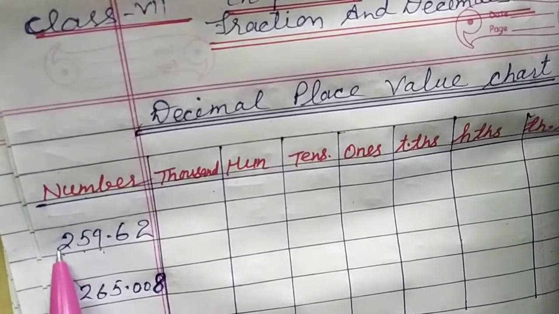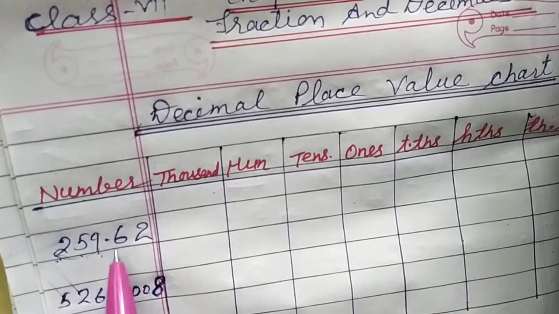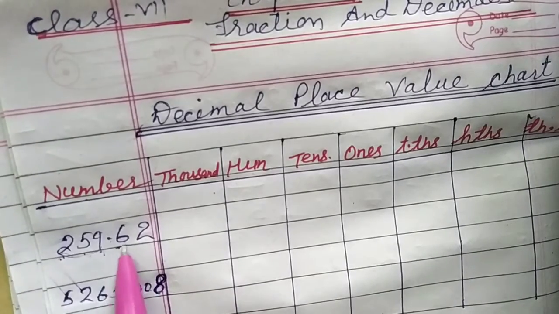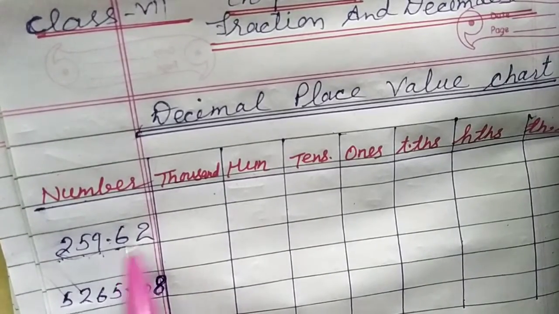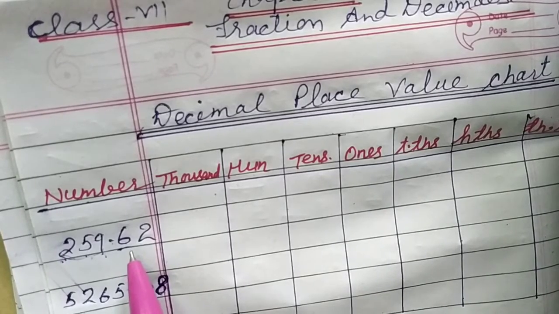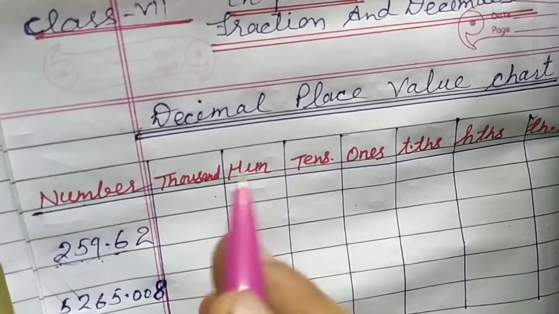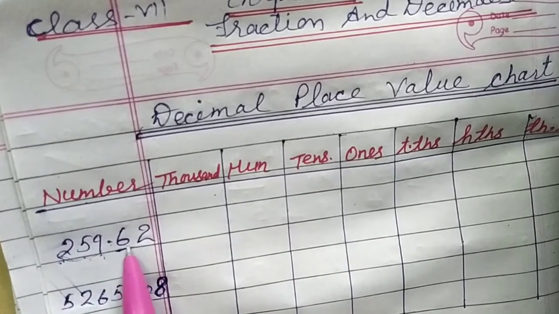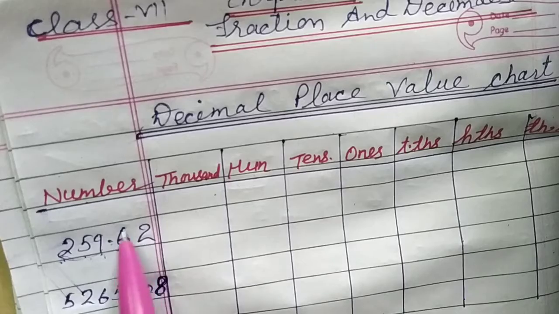So this is 259.62. This 6 is out of 10. It means if we take any object and make 10 parts of it and take 6 out of these, then this 6 is out of 10.